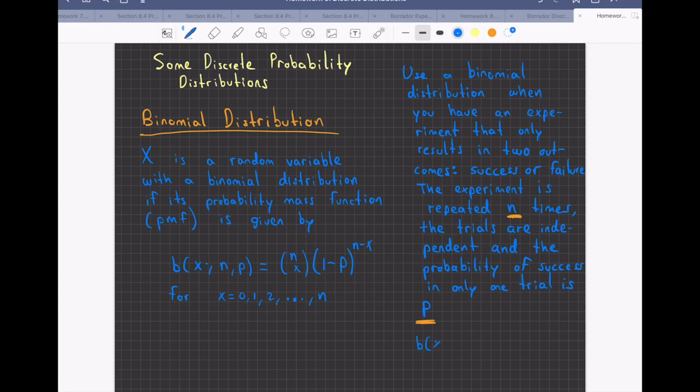B(x; n, p) will return the probability of occurrence of x successes.